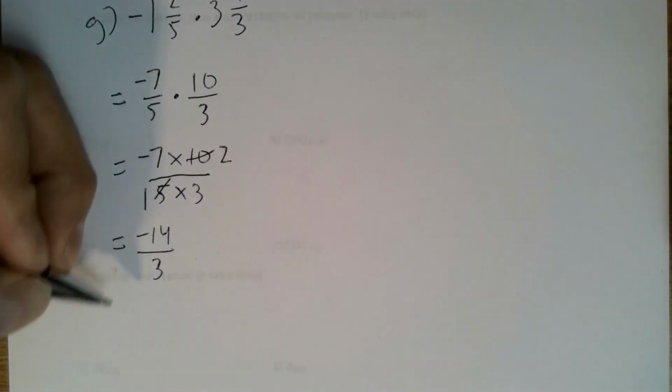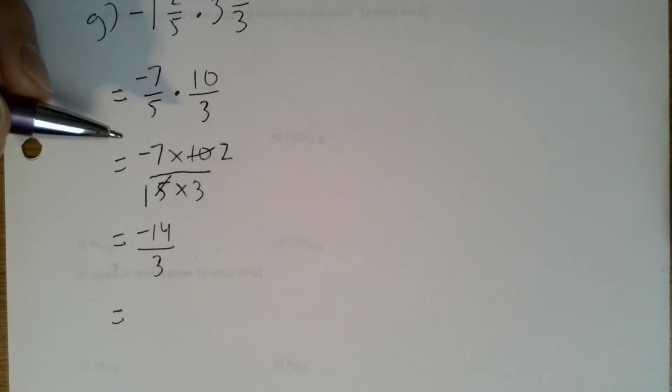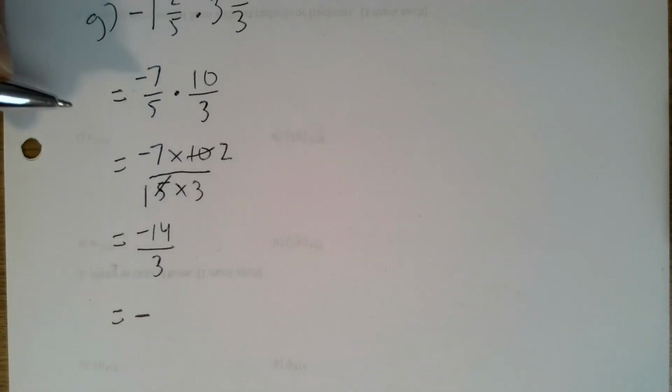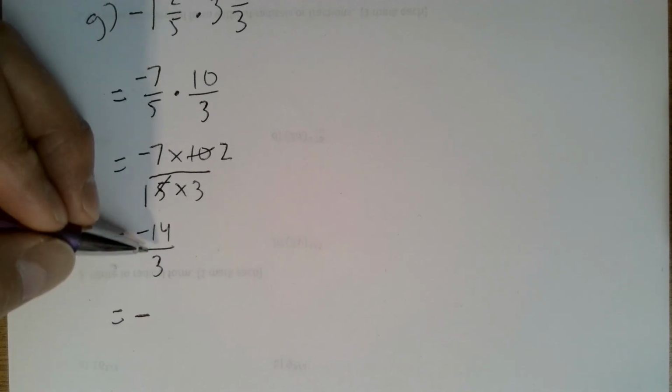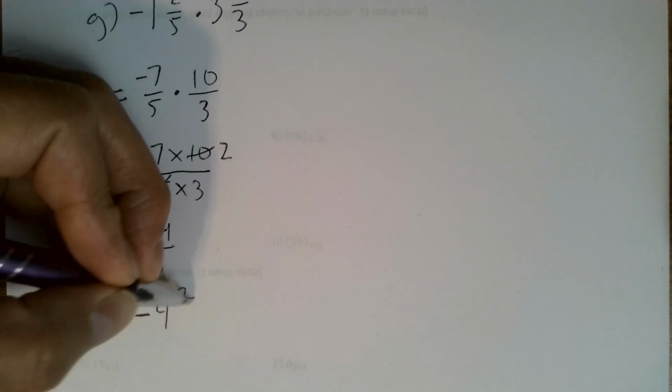Okay, and for practice, let's turn this back into a mixed number. So we know our answer is going to be negative, so I'm going to put the negative there before I forget, because that's easy to forget. And 3 slices per pizza, I'm going to be able to make 4 pizzas and have 2 slices left over.